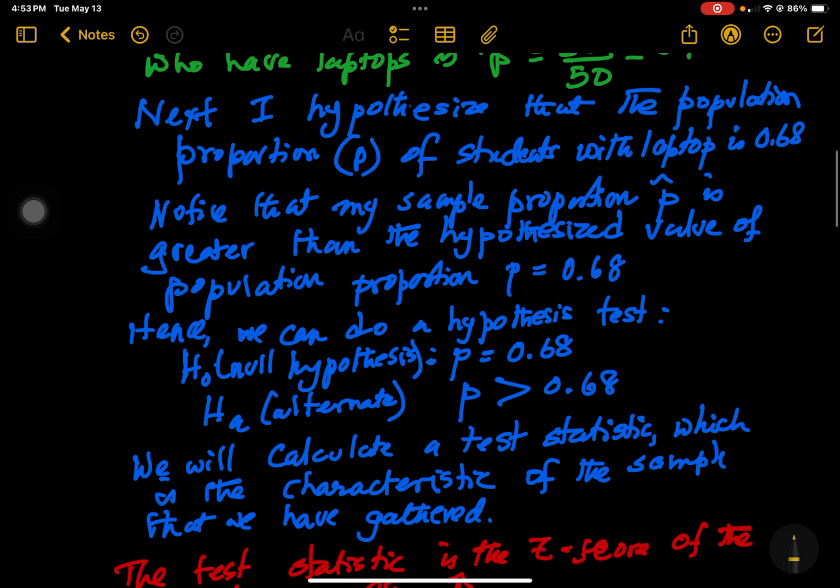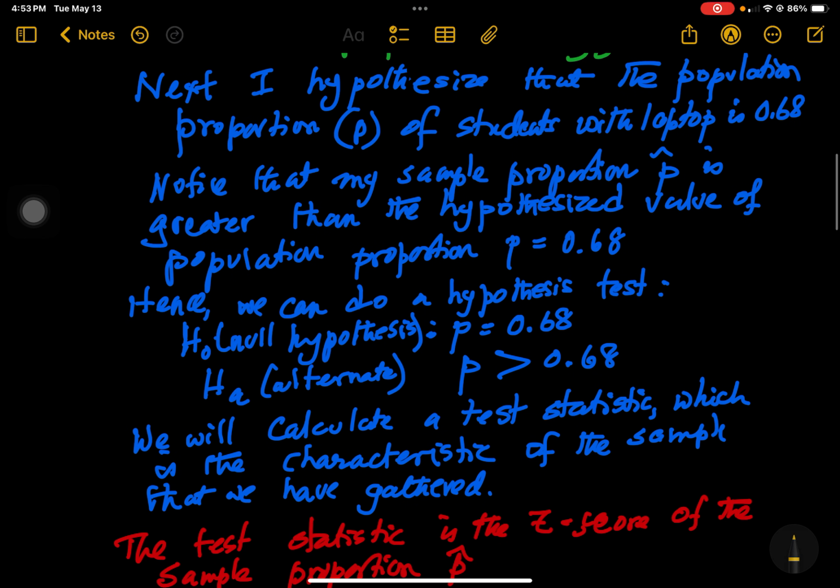My educated guess about the population proportion is 0.68. Since my sample proportion is greater than my educated guess of 0.68, I will write the null hypothesis. Remember, hypothesis testing always comes in pairs. So I'll write the null hypothesis as p equal to 0.68 and the alternate as p greater than 0.68. The two slanted lines indicating greater than meet at an edge pointing to the right. Therefore, it's a right tail test.